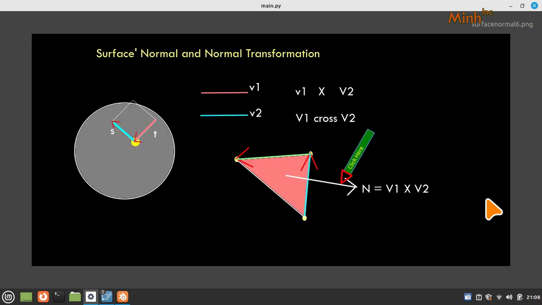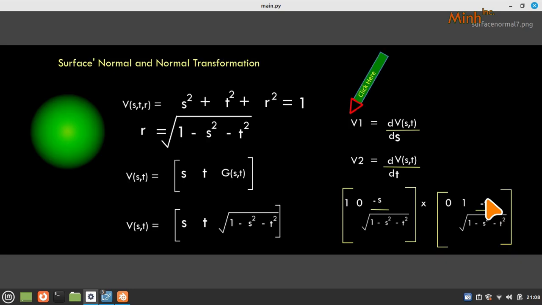Two vectors are coming, v1 and v2. If I differentiate with s, this would be 1, this would be 0, and this would be the derivative of (1 minus s squared minus t squared) to the power 1/2. That will be 1/2 into (1 minus s squared minus t squared) to the power minus 1/2. There is a chain rule, so we differentiate again, and it will come as minus 2s.